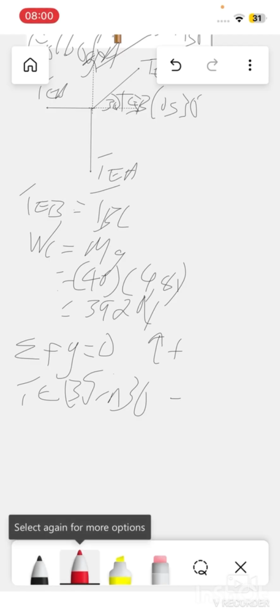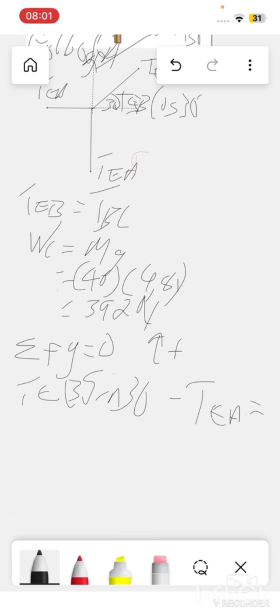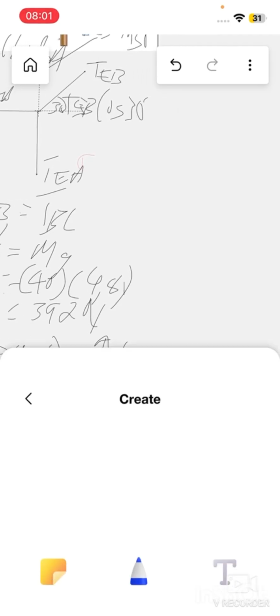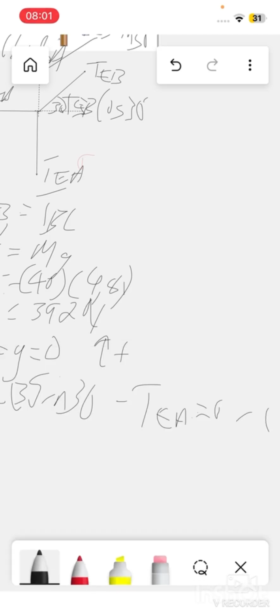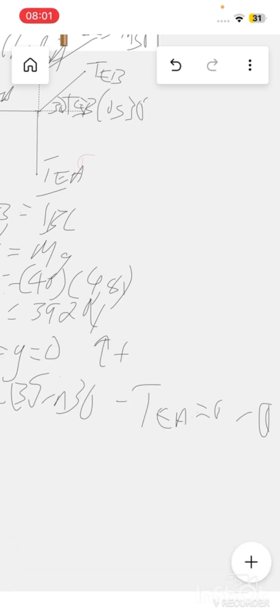Let me highlight it. Because we took the upward direction as positive, this force is going to be negative TEA. The T represents the tension, and it is equal to 0. We only have two forces here. Therefore, we're going to call this equation 1.